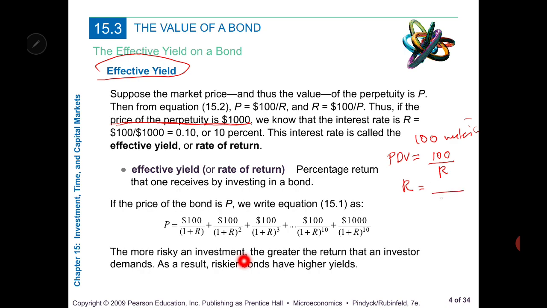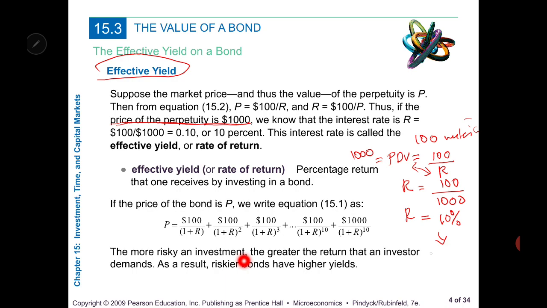So you paid today 1,000. This is your PDV. So for R, just switch, cross multiply, and this will be 100 over 1,000. That means the R that you are getting from that transaction is 10%.